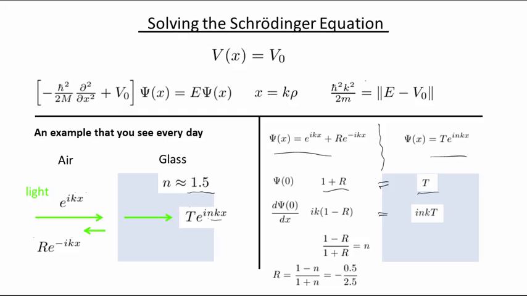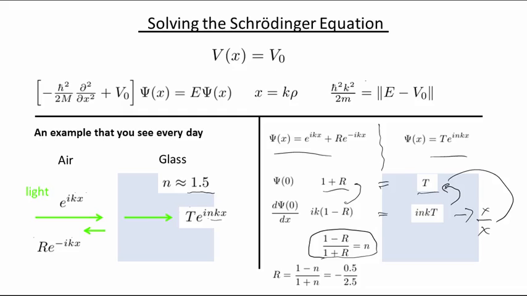Now what do we do? Well, we divide. We take this side and divide it by the other one. So I'm just taking this divided by that, this divided by that, equals that divided by that. We get this simple equation for the reflectance coefficient.